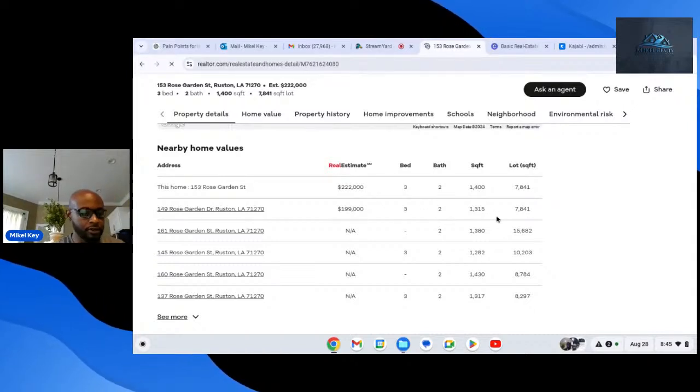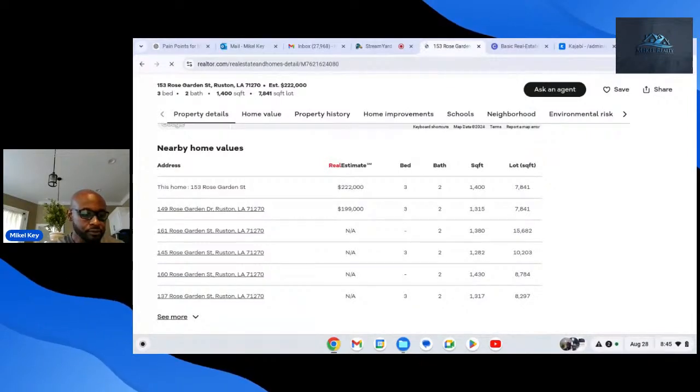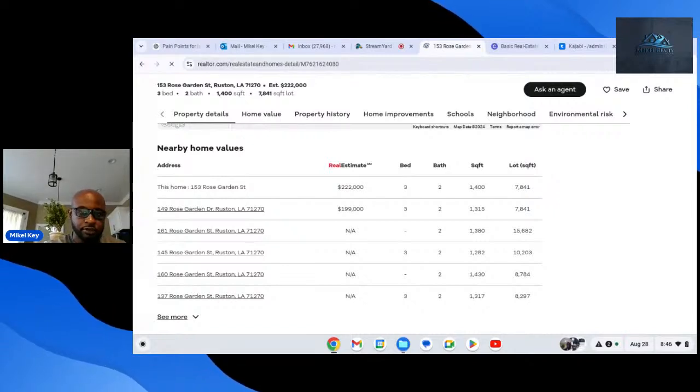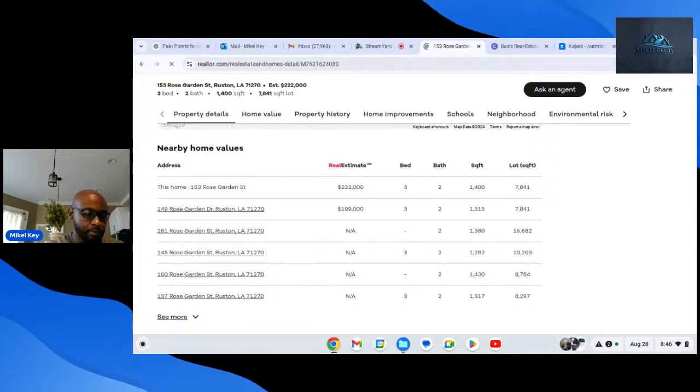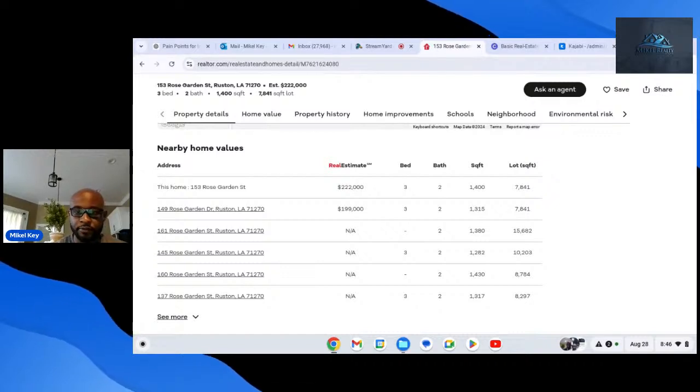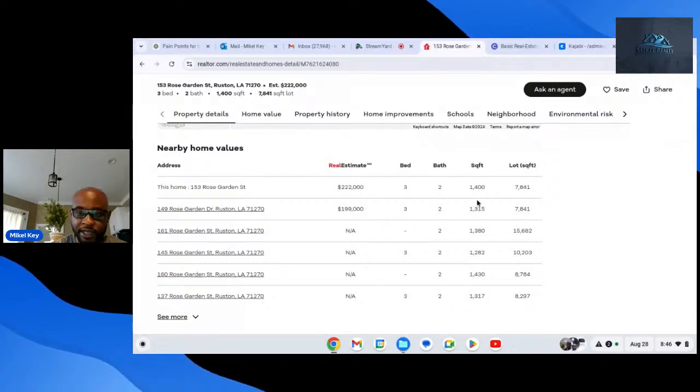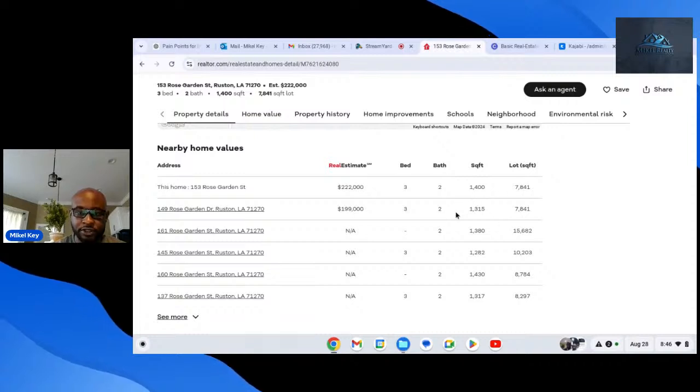If we play around with that number, we'll just do some basic math: $199,000 divided by 1,315 is $151 a foot. I want you to understand how I came up with that. I took $199,000 and divided it by the 1,315 square footage number, and that gave me $151 a foot.